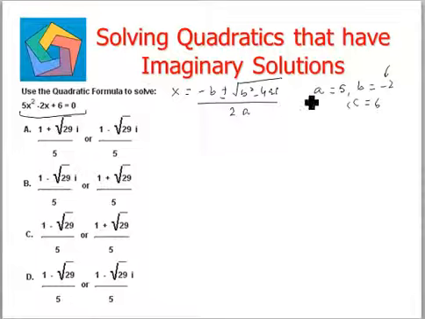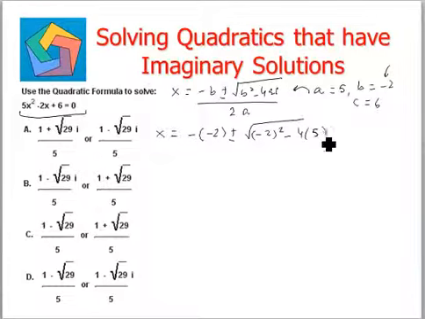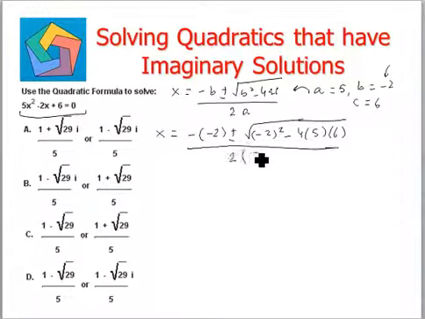Now we'll plug these values in the quadratic formula. We get x equals negative times negative 2 plus or minus the square root of negative 2 squared minus 4 times 5 times 6, divided by 2 times 5.